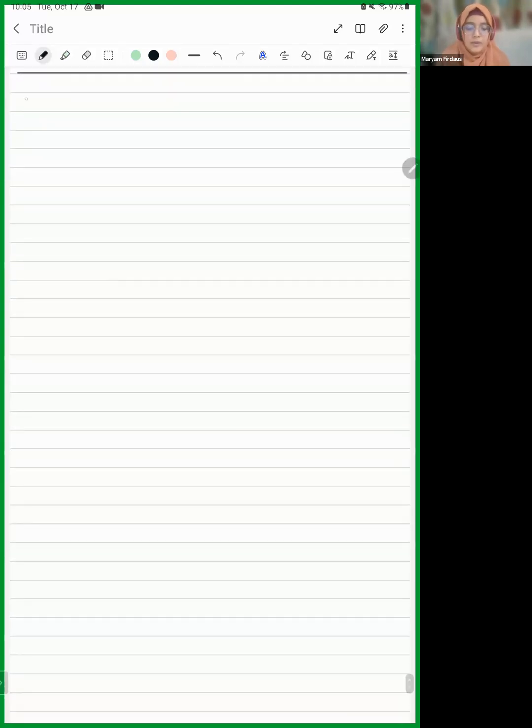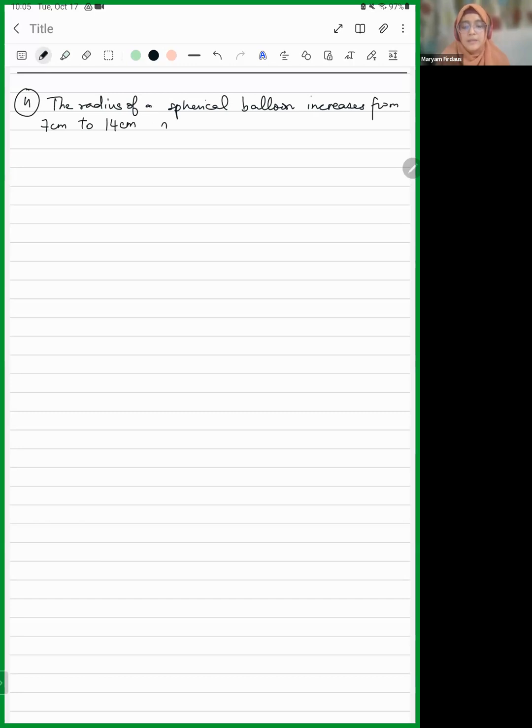Let's do the fourth question. In my book, it is the fourth question. I will write it down. The radius of a spherical balloon increases from 7 centimeters to 14 centimeters as air is being pumped into it.